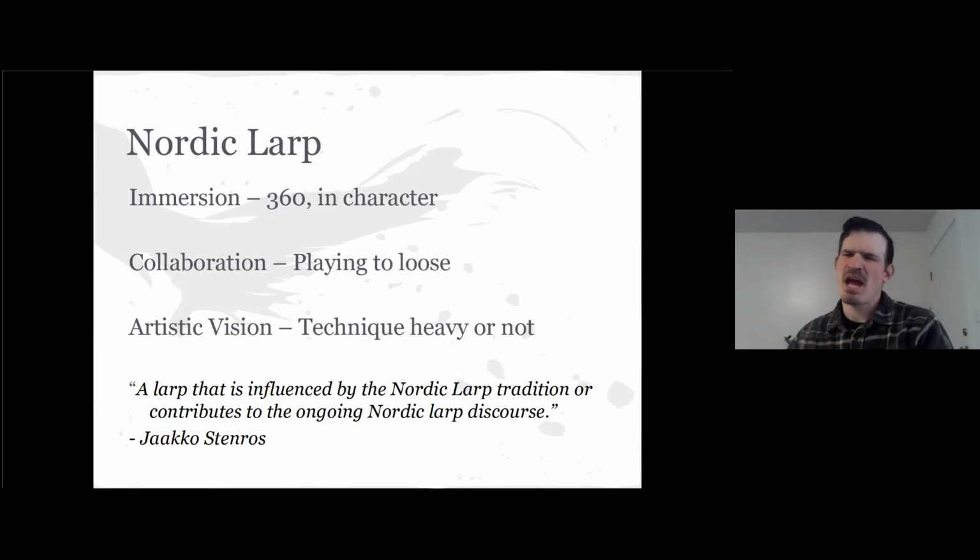There are very many different kinds of techniques that people use, and when we speak about artistic, that's sometimes what people think of, this technique heavy stuff, but we also a lot of times have artistic goals, even if it's not very dramatic technique heavy, but more on the realistic side.